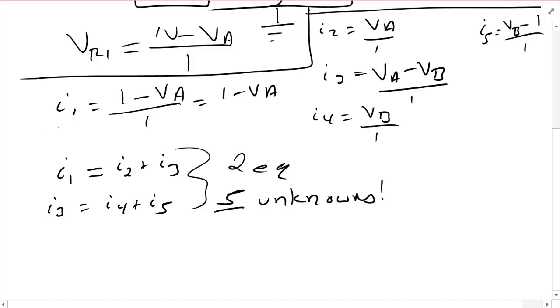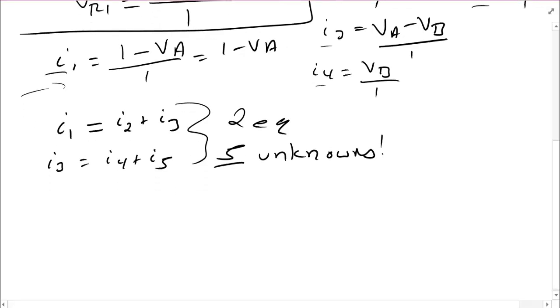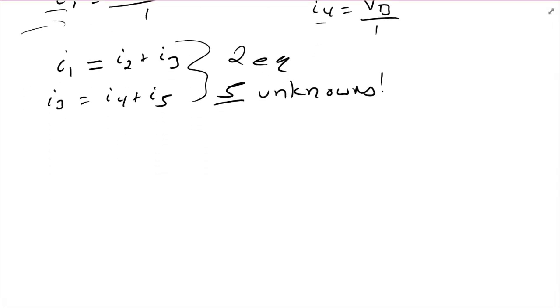However, looking at this set of equations here, notice how all of my unknown currents are actually in terms of only 2 unknown nodal variables, VB and VA. So what I'm going to do is rewrite these 2 equations in terms of only those 2 variables. All I'm going to do is directly take the equations I developed and plug them directly in. We're going to simplify later.